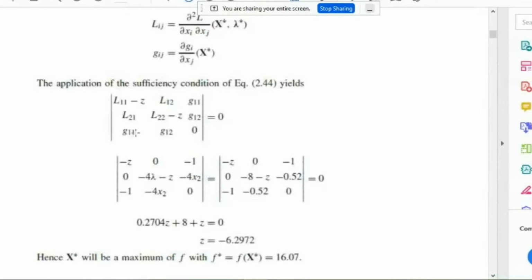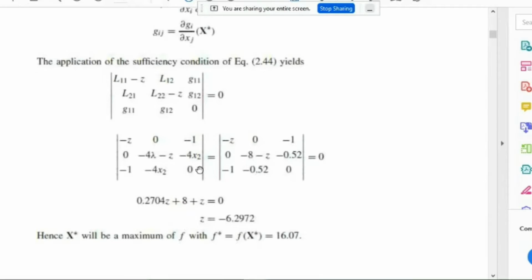So G11 means the first constraint with respect to variable 1, and G12 means the first constraint with respect to variable 2. These two are written in a vertical manner, whereas the diagonal element must be 0.